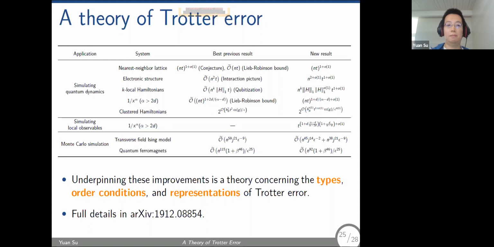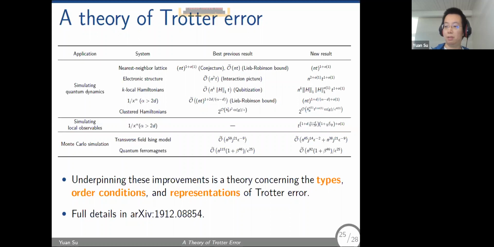For power-law, rapidly decaying interactions, faster than the Lieb-Robinson based algorithm. We have some results for simulating clustered Hamiltonians, quantum multicolor simulations, also some new results for simulating local obstacles. So behind this is some mathematical tools that we developed for analyzing Trotter error. I won't be able to present all the technical details, but hopefully you have time to check out the paper and maybe you can find new applications beyond what has been listed here.